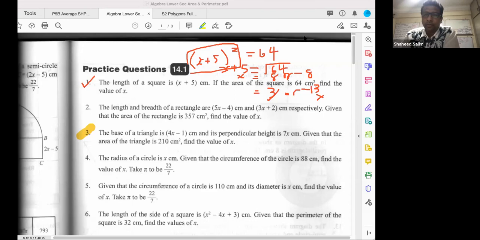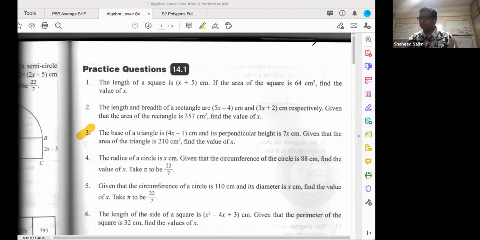All right, okay, you try question number 3. You may need to draw the diagram. Draw the diagram, it helps you.